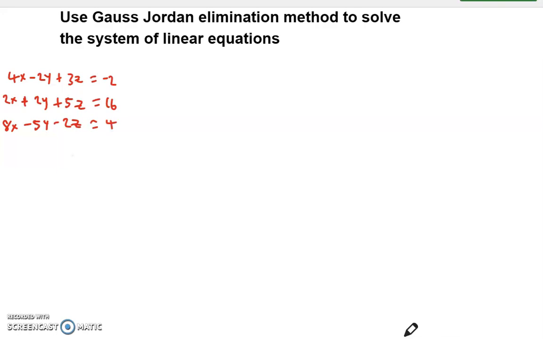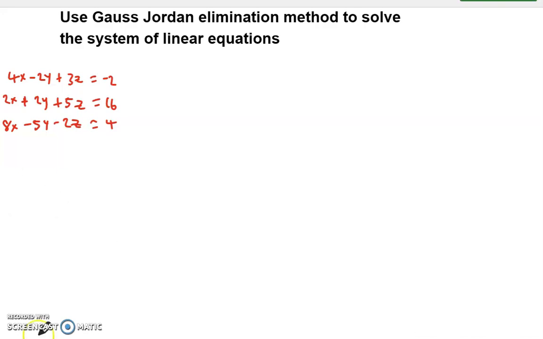So here we go, we have these three systems of linear equations and we are to solve them using our Gauss Jordan elimination method. The first thing that we need to do, like we did earlier on in our Gauss elimination, is to write this as an augmented matrix.